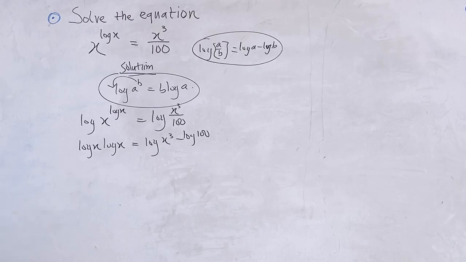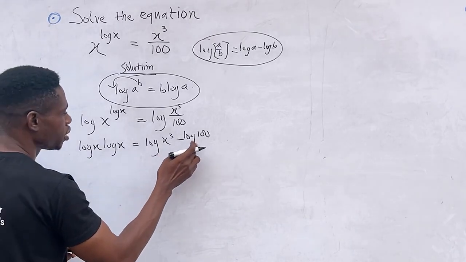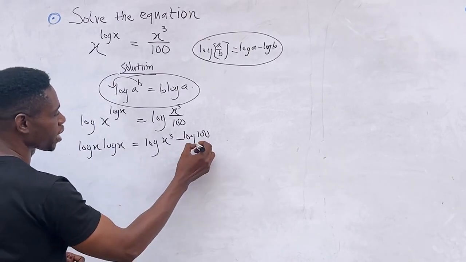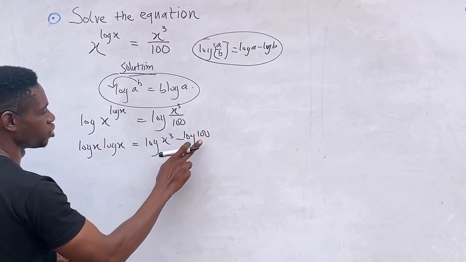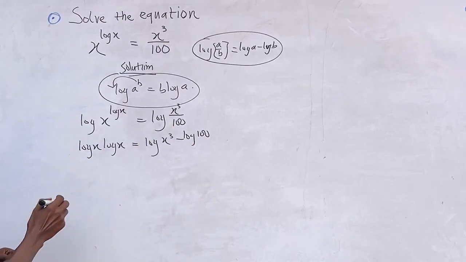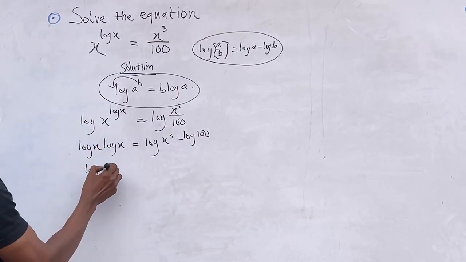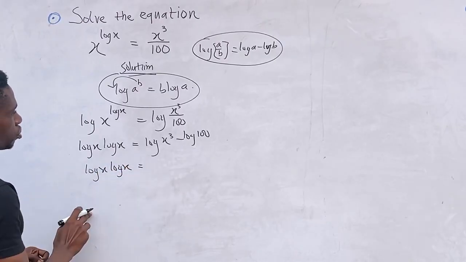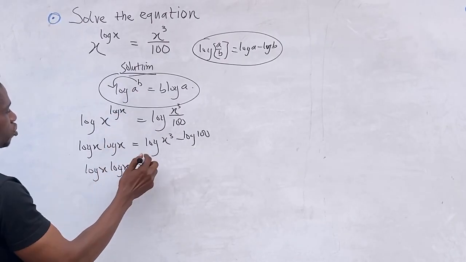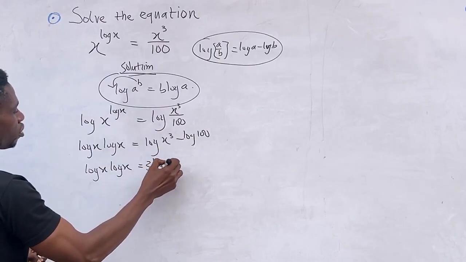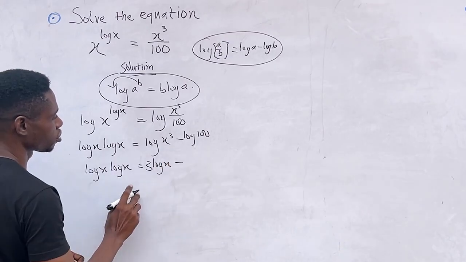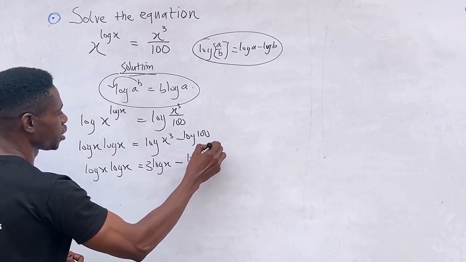Okay? Now, when the log is not written, the base is 10. So what we have is like log 10, 100. So here we have log x equal to, okay, applying this same law, this will give us 3 log x minus log 10 squared.